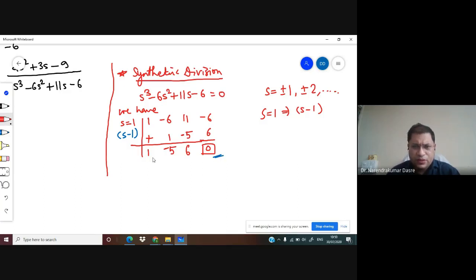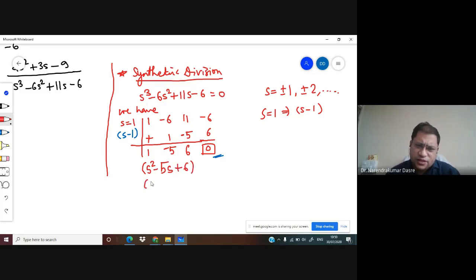The polynomial that we have is s cube minus 6s square plus 11s minus 6, and we have taken one s out of that, so it will remain s square. So the first term will be s square. Then the next term will be minus 5s, and then plus 6.